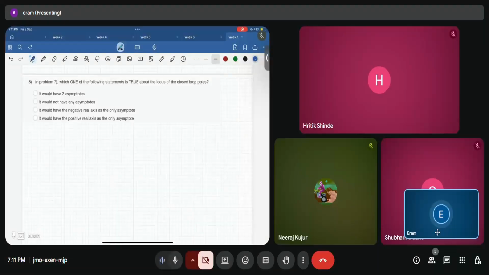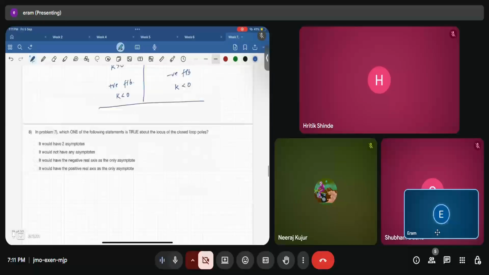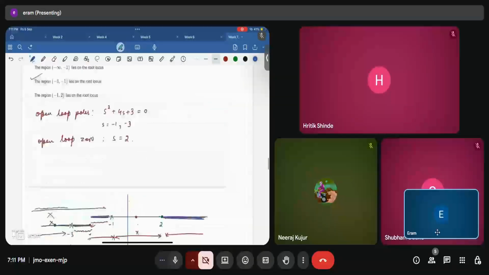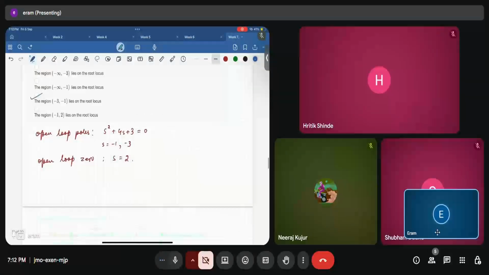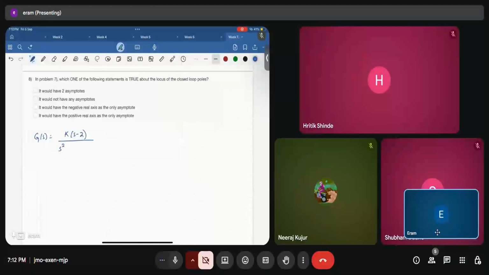So for the previous problem, comment on the asymptotes. Your transfer function, let me write it, G(s) was K into (s minus 2) divided by (s square plus 4s plus 3). How many asymptotes will it have? One, ma'am.